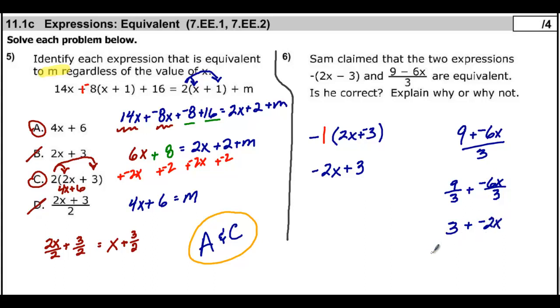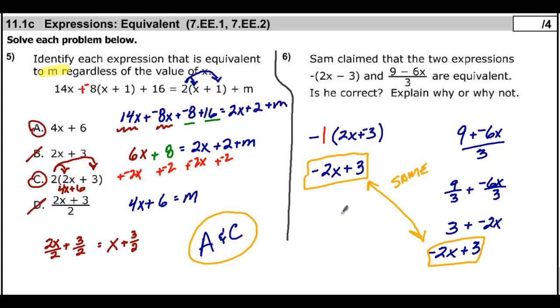Addition is commutative, so we can change that to negative 2x plus 3. And when we do that, negative 2x plus 3, negative 2x plus 3, they are the same.